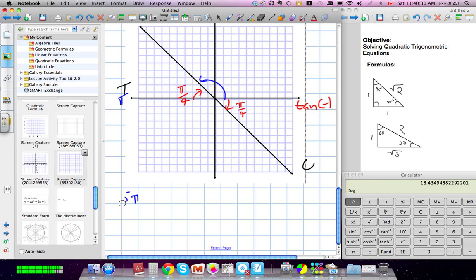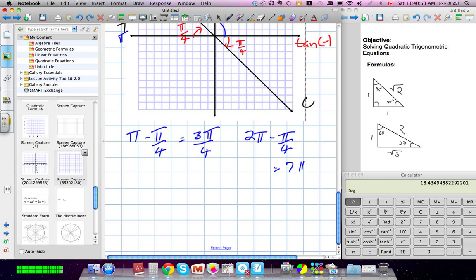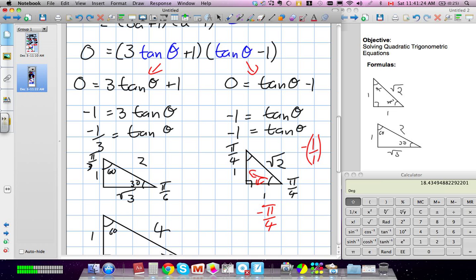oh, you're right, 2 pi is all the way around. Yes, pi subtract pi over 4 will give us 3 pi over 4. And the other one is 2 pi subtract pi over 4, which I think should give us 7 pi over 4.